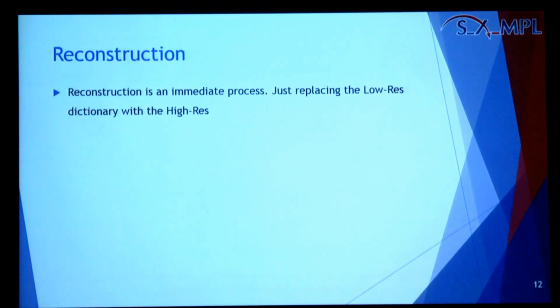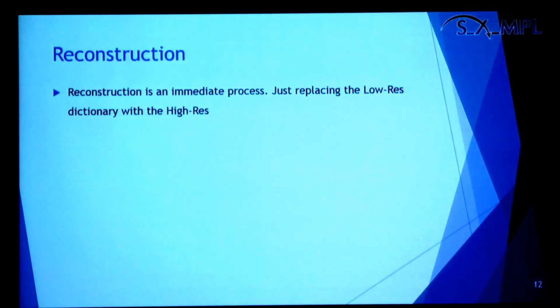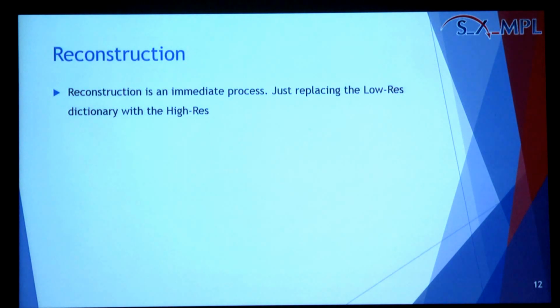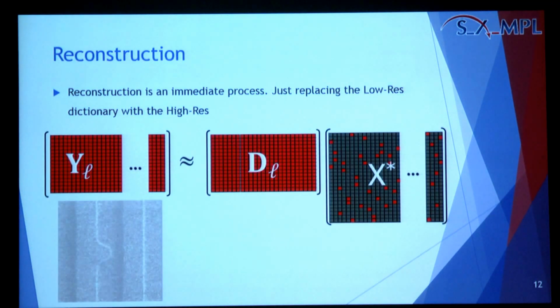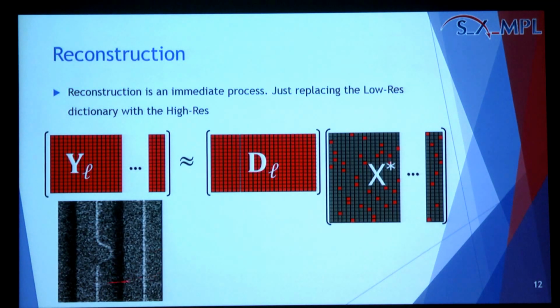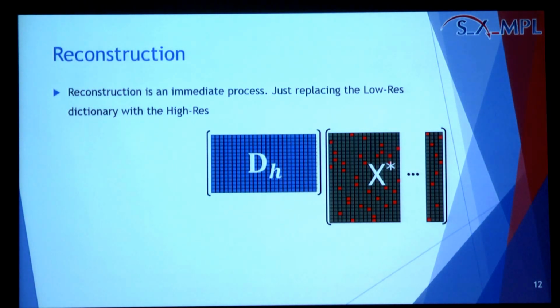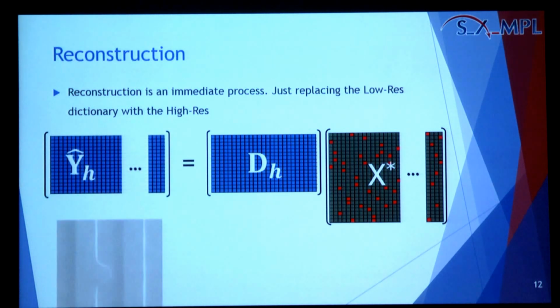OK, so reconstruction. After we've found this X star, which is very unique, reconstruction is an immediate process. All we have to do is take this X star that solves this problem approximately. It's not exact, because we have noise. And in this case, replace the dictionary, put D high, and get Y_H hat.